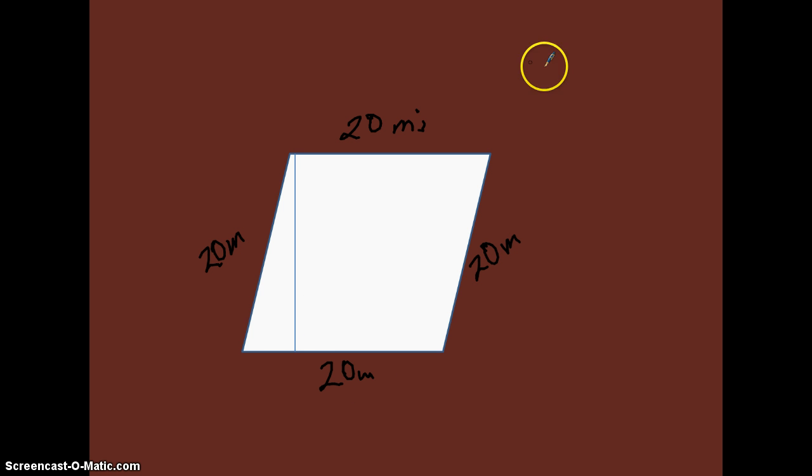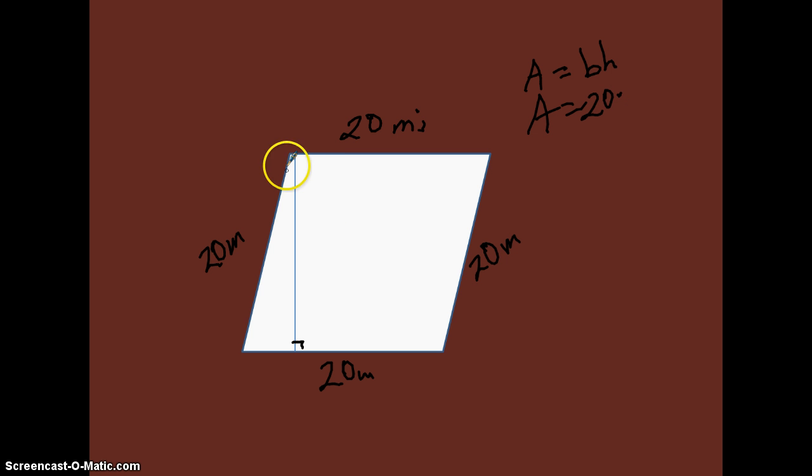Now I'd ask you, do we have enough information to figure out the area of this rhombus? And the answer is no, because we don't know what the height is. When I created this line, I meant for it to go in this axis, but for some reason it just would not work for me. But consider it starts here and goes straight down. Even though we know that the base is 20, the height is what we have to figure out.